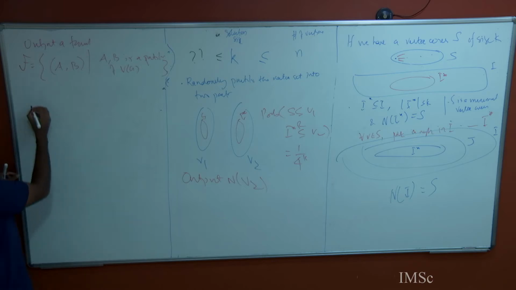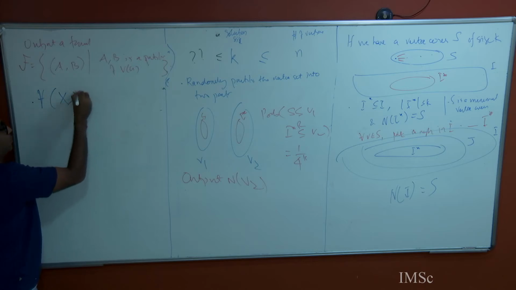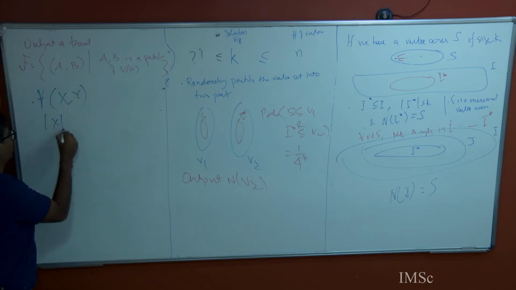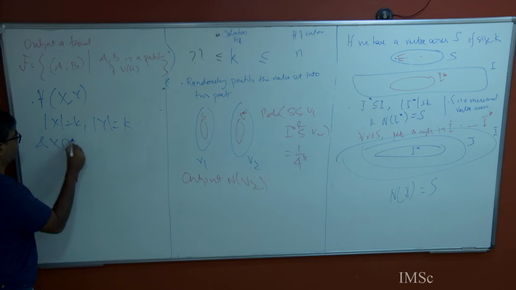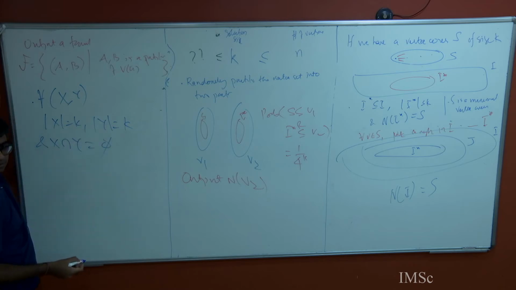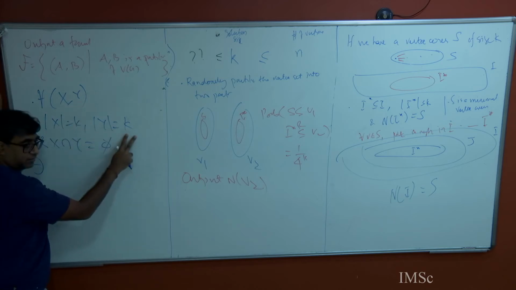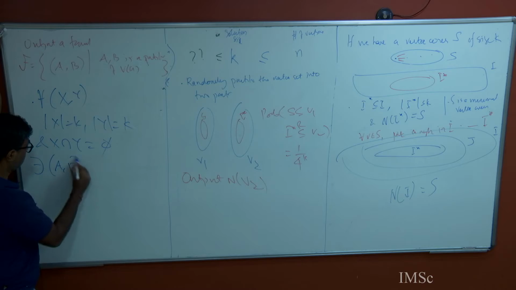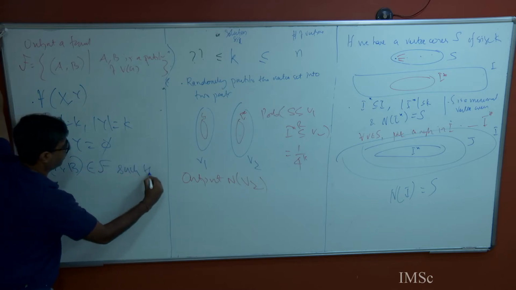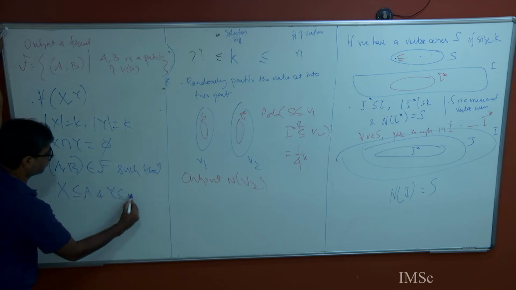Ideally, I would like to have that for all x comma y, the size of x is k, the size of y is k, and x intersection y is the empty set, there exists A comma B in F such that x is a subset of A and y is a subset of B.